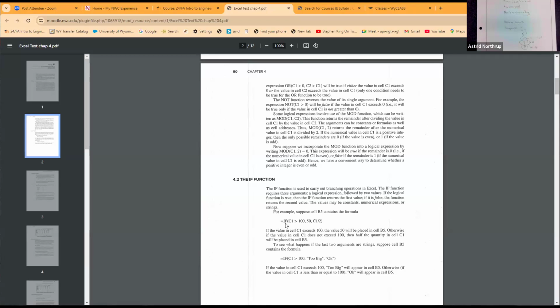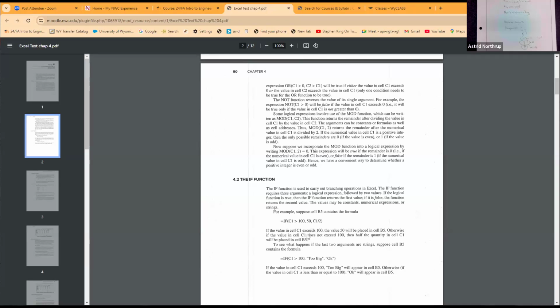So here's the way you would enter this into a cell. It says if whatever the content of C1 is greater than 100, then we have a comparator. The value of 50 will be placed in cell B5, which is where this formula is. So you put this in B5, and then it says if it's greater than 100, it becomes 50.